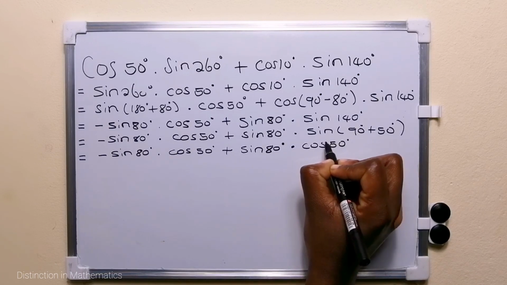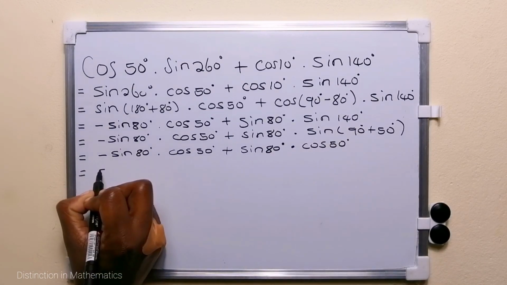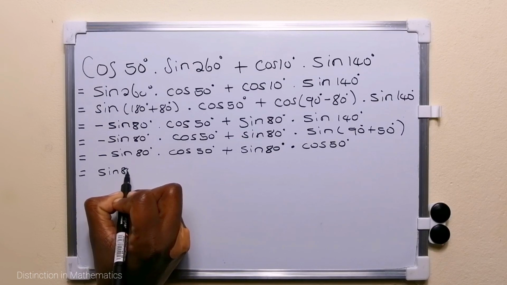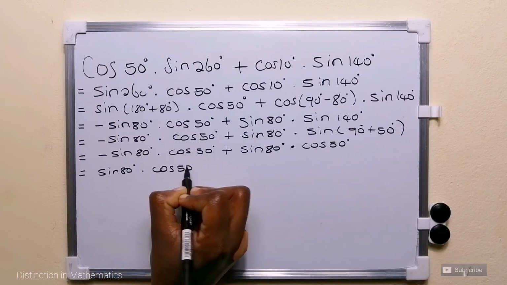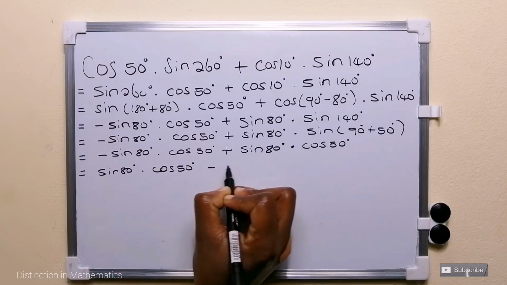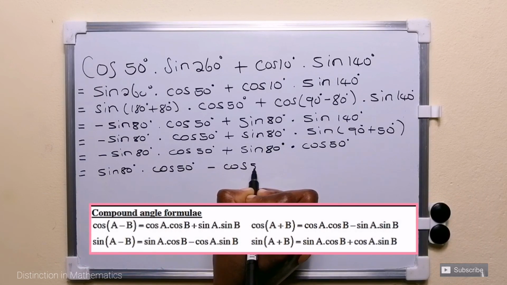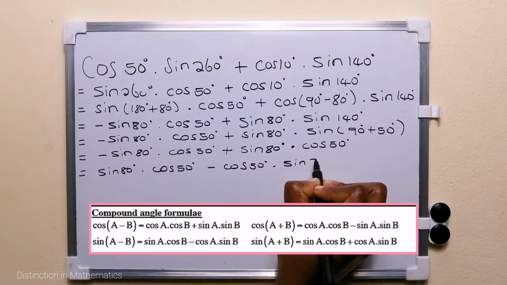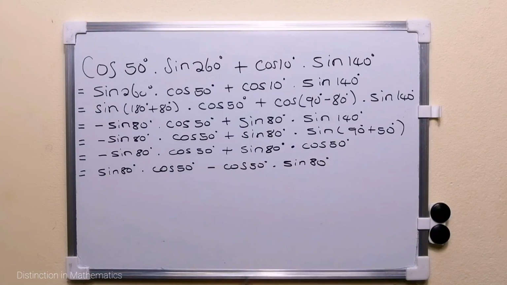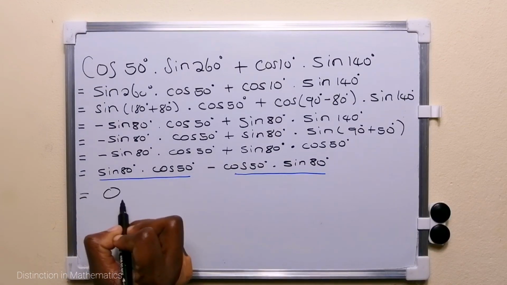So in this case, we will have a positive cos 50 degrees. Alright, so if you look closely, this has completely changed and does not look like any of our compound angle formulae. Instead, it looks like minus x plus x, which is the same as x minus x, which will give you a 0.